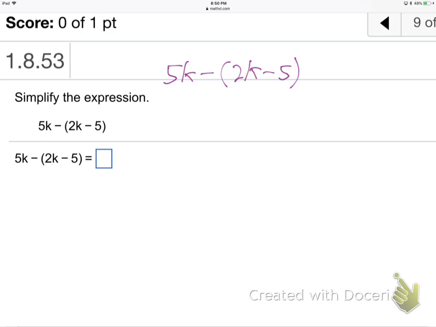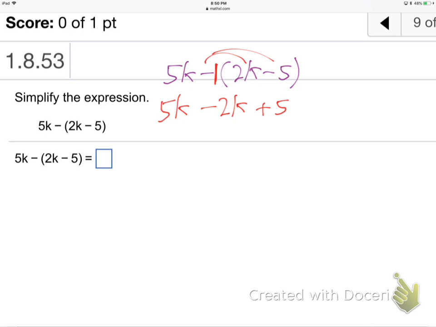So that's a -1 up against the parenthesis there, huh? It's -1. That good? Don't get crazy multiplying. So 5K minus 2K plus 5.